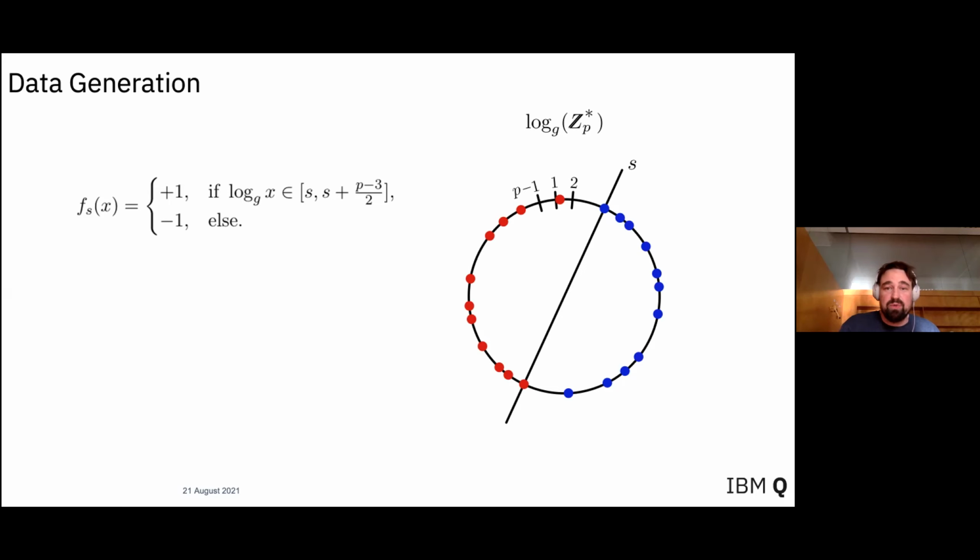Then we raise this to the power, use that as the exponent of g, and hand it to whoever wants to learn that data set. So you now have a bunch of samples that look very much random to you, and they're labeled. And now you could ask, okay, try to classify whether this is +1 or -1.